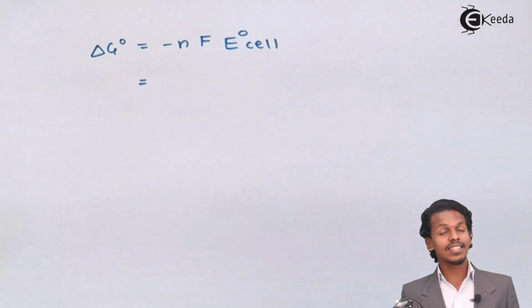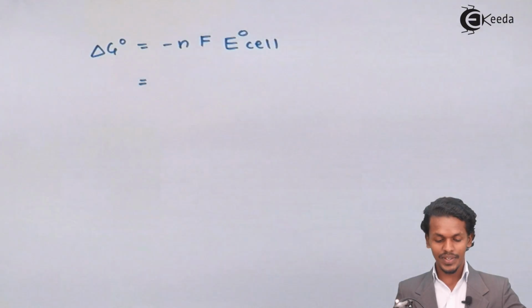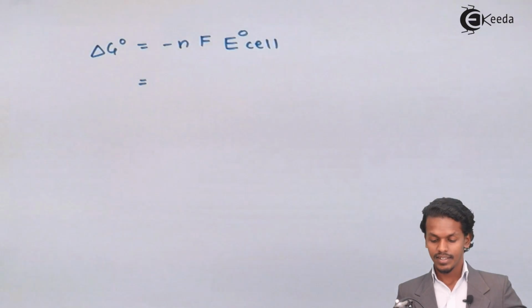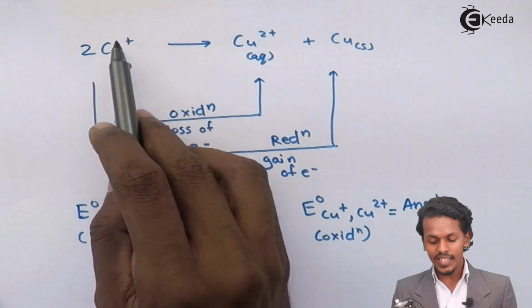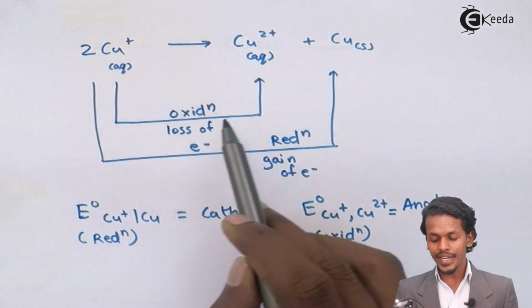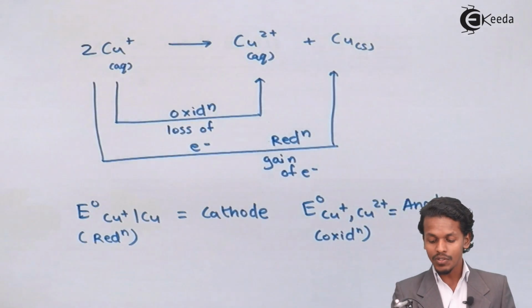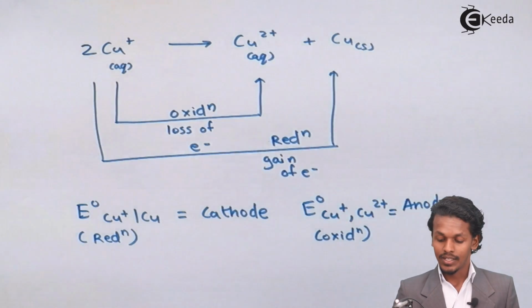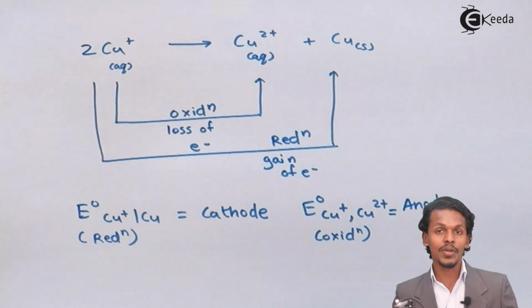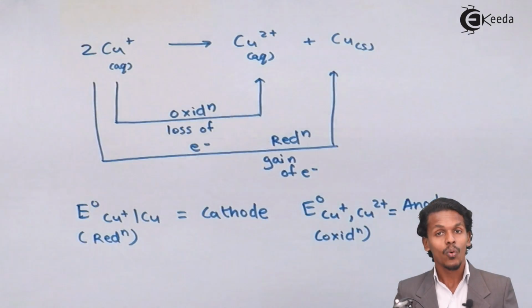In this case, let us see what would be the value of n. We know initially that during the process of oxidation, this Cu plus is converting into Cu2 plus. So this is showing an oxidation by losing one electron. So the number of electrons lost during oxidation in a half cell reaction is 1.